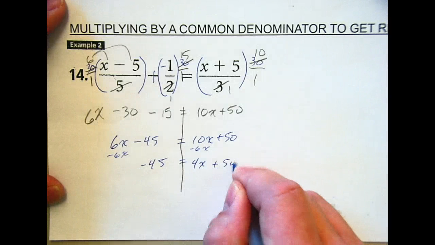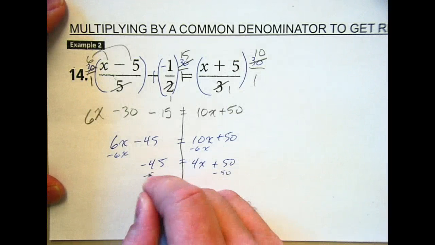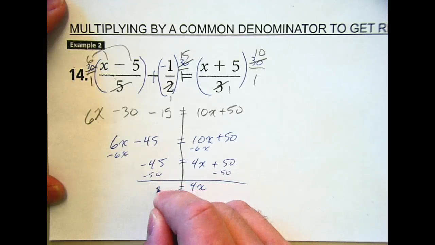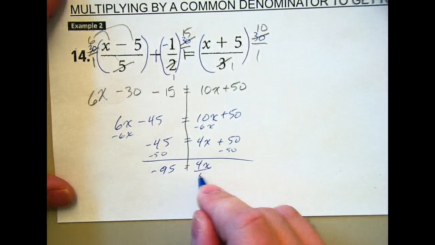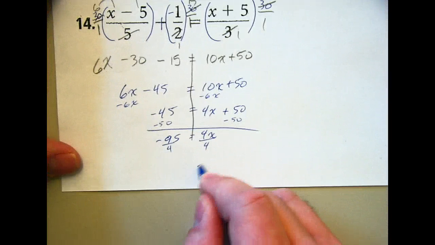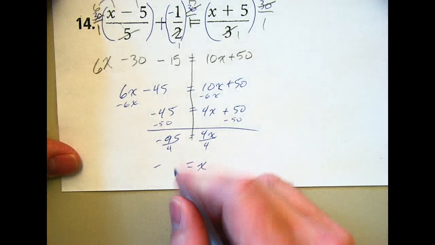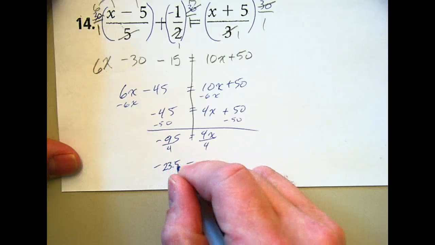Subtract 50 over. Make that the left. 4x equals negative 95. Divide by 4. X equals negative 23.75, or negative 95/4.